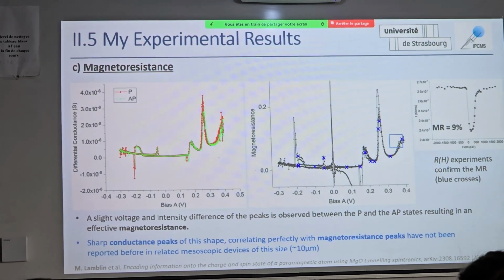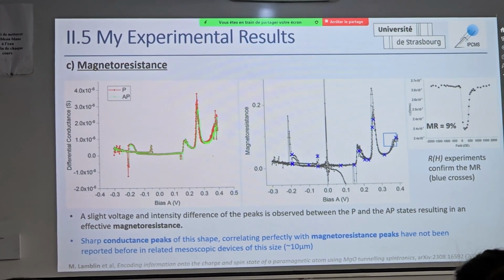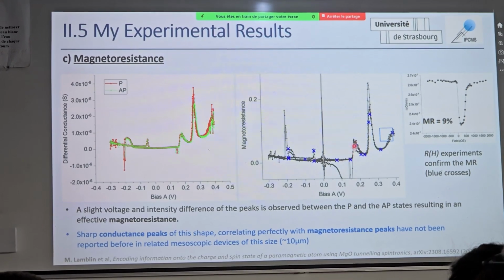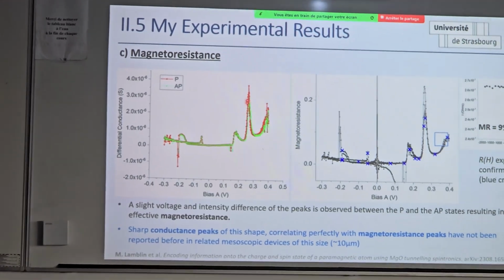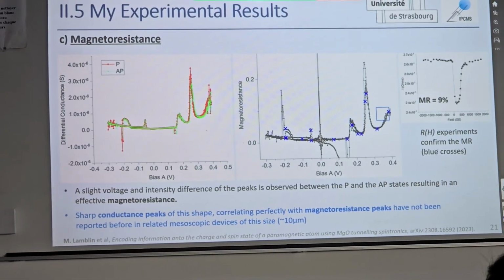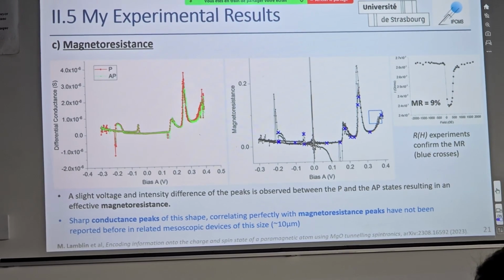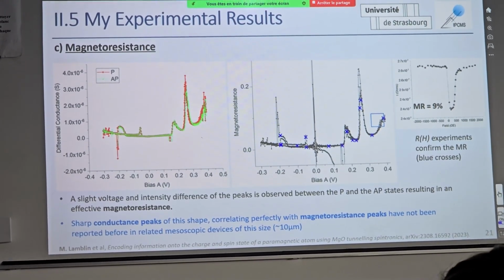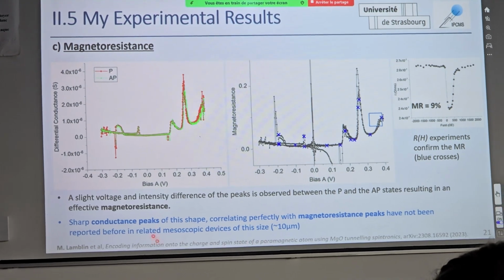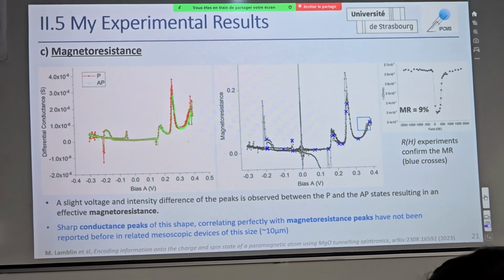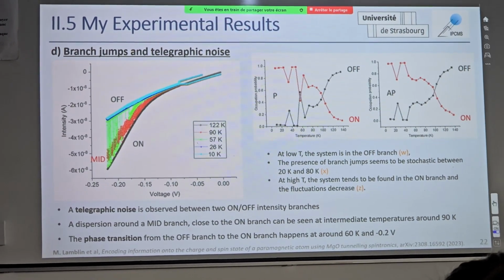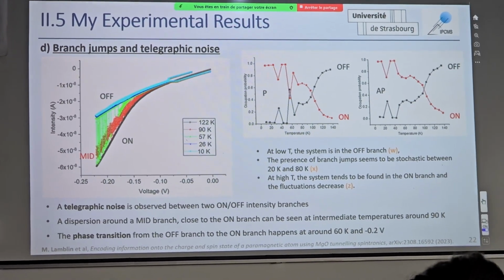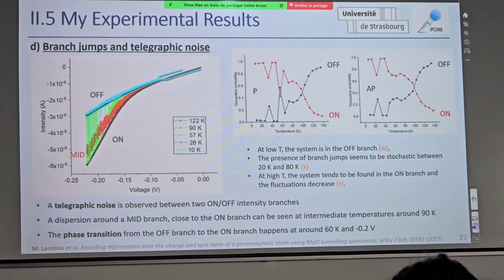Then I found a singular magnetoresistive behavior, which featured a nice peak in the magnetoresistance curve that correlated nicely with the conductance line shape. And so this behavior has not been reported in the literature so far in devices of this large size.